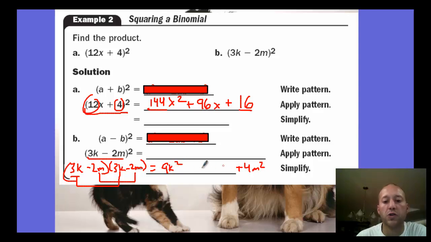So I put the first term first, the last term last, and then I have to find the middle. And I do something different here. I do what I call OI. OI is the outers plus the inners. The O and the I, which make up that middle term. So the OI is negative 6mk. The middle one is negative 6mk. So if I add them, I get negative 12mk. So that would be the trinomial for that.